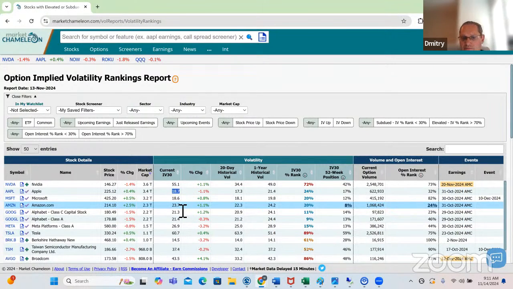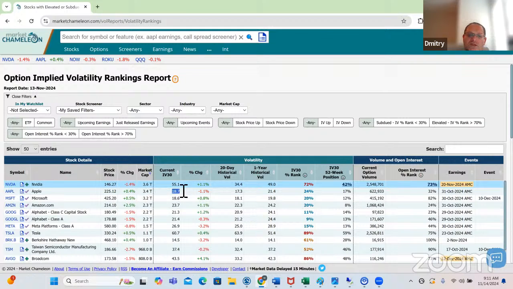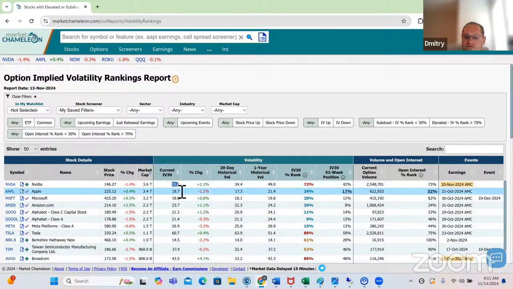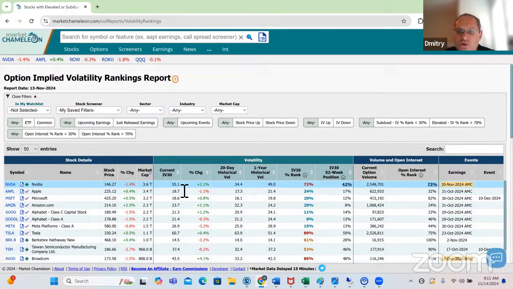And for Apple, 18.7 doesn't necessarily mean it's low, because on a relative basis for Apple, it could be on the high end because that stock trades at a different volatility. So we'll need to start comparing this to something. We need a relative value to compare it to.